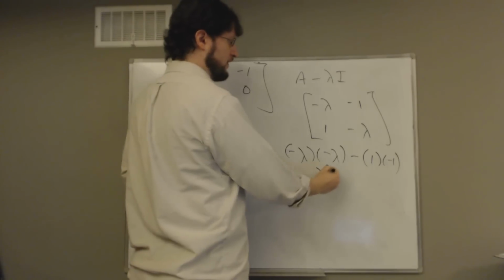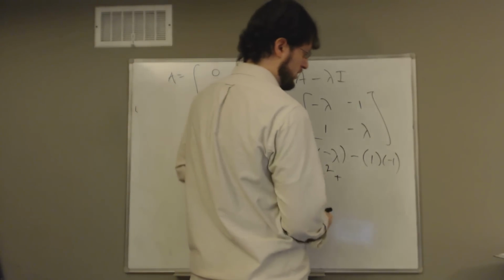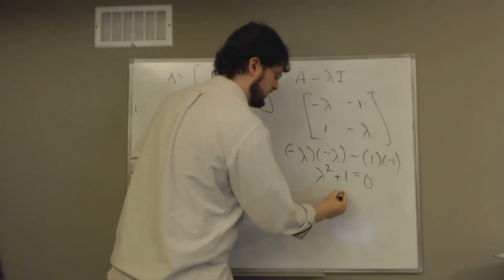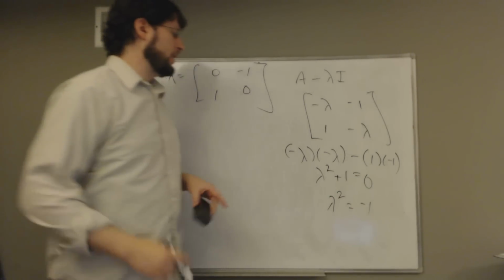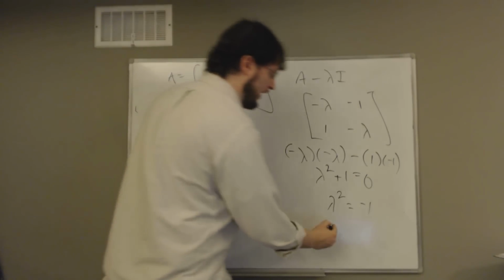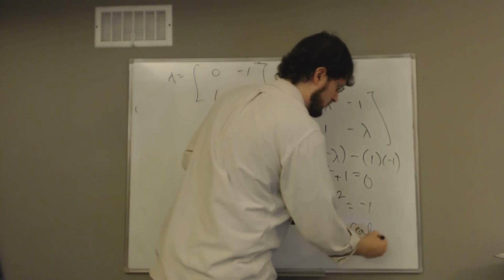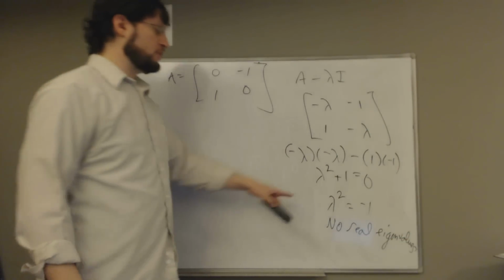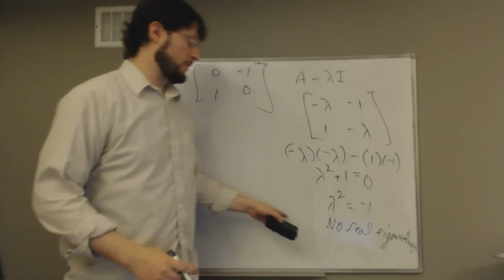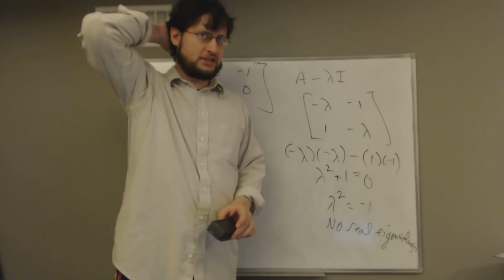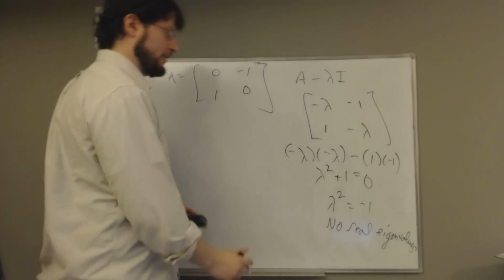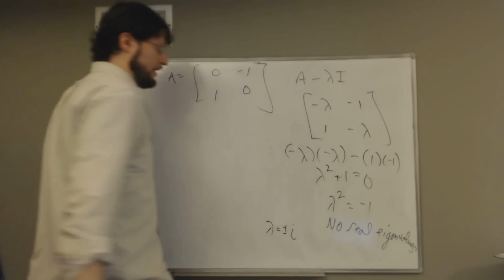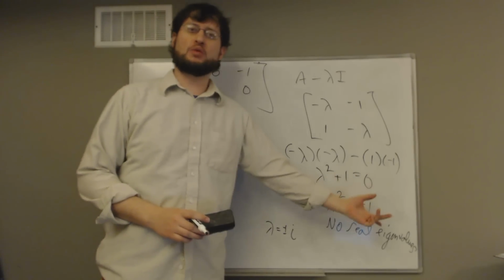So that's positive lambda squared plus 1 is 0, which says that lambda squared is negative 1. And so we get no real eigenvalues. But if we consider this as an equation in complex coefficients, then we do have eigenvalues. I can say that lambda is plus or minus i, because i squared is negative 1.